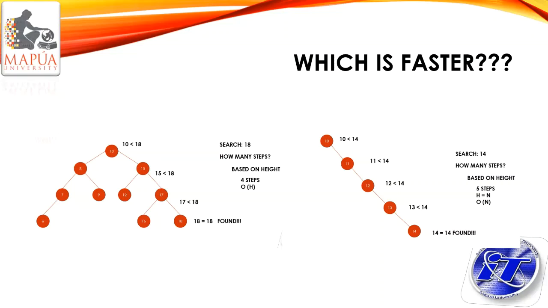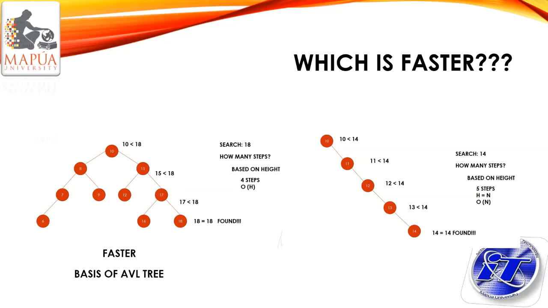It is just based on height. So this kind of binary tree is more ideal when we are searching for a certain value. Therefore, this is faster, and this concept is actually used in an AVL tree.